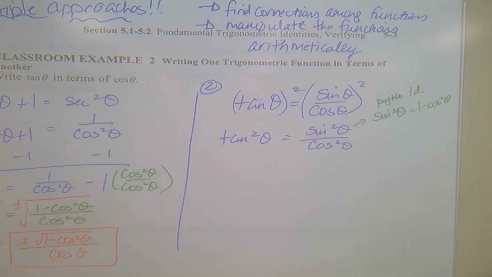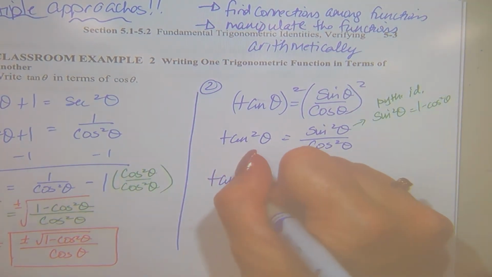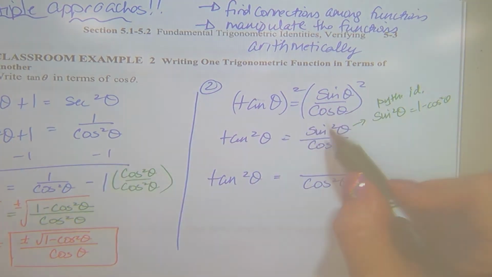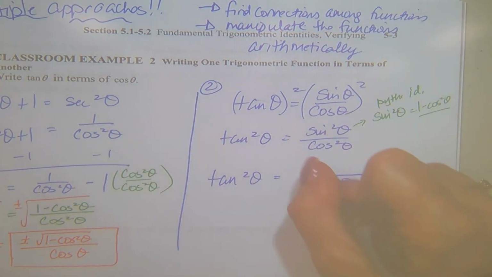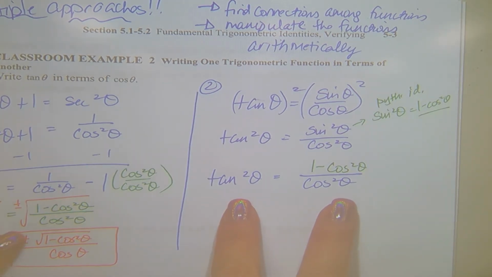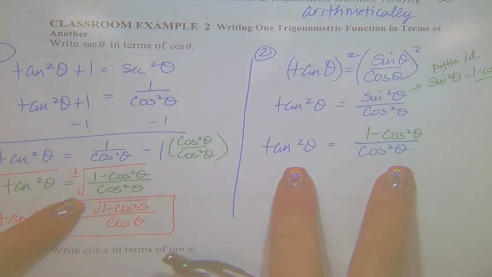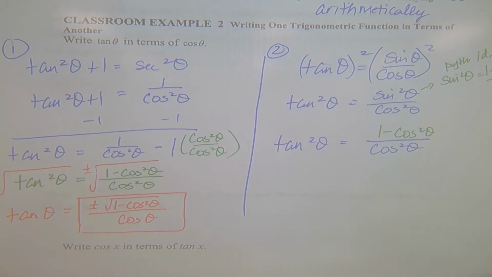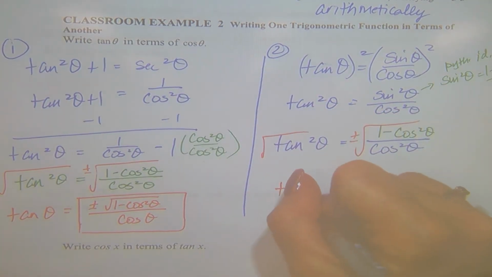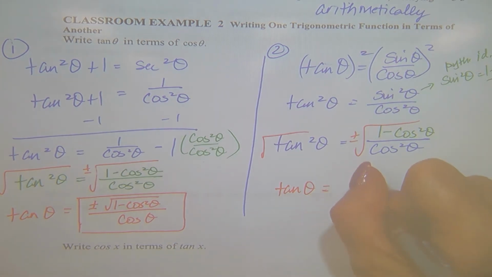So I can make that substitution. I can say, okay, tangent squared theta equals, instead of sine squared theta, the same thing as 1 minus cosine squared theta, and now we are in the same place we were in over here. So the next step is to take that square root, consider plus or minus, and we get the exact same result.